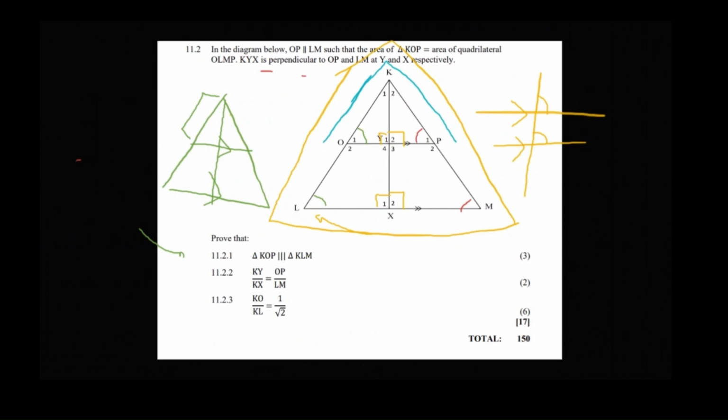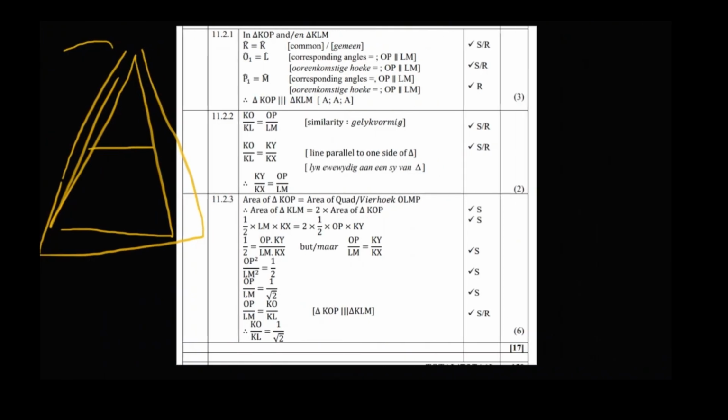The last thing is the third angle, guys. Those third angles are automatically going to be equal to each other because of the sum of angles of a triangle. Just a rule: when you're trying to prove that two triangles are similar, the third angles are automatically going to be equal to each other. So you want to go back and write down P1 equals M. Over here they state that it's because of corresponding angles.